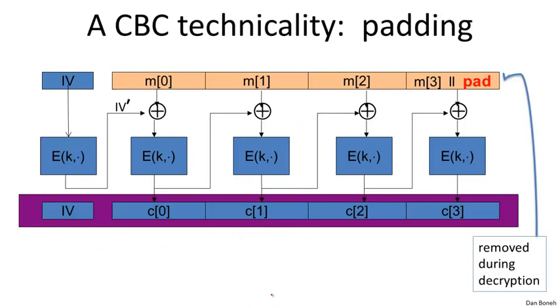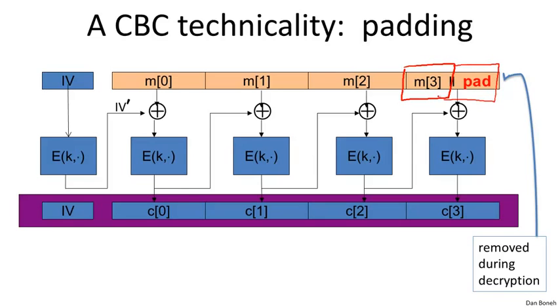So again, it's very important that the programmer knows that it needs to be done, otherwise the CBC encryption is insecure. One last technicality about CBC is what to do when the message is not a multiple of the block cipher block length. That is, what do we do if the last message block is shorter than the block length of AES, for example, less than 16 bytes? The answer is that we add a pad to the last block so that it becomes as long as 16 bytes, the AES block size.